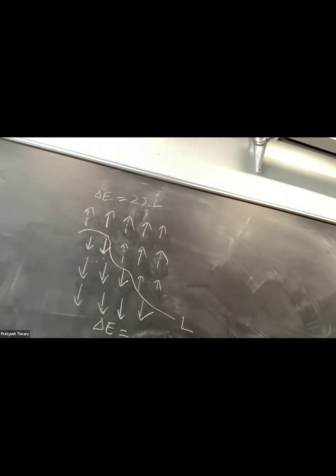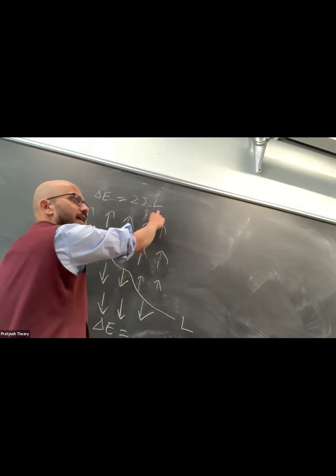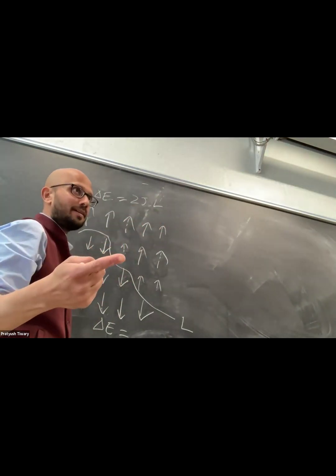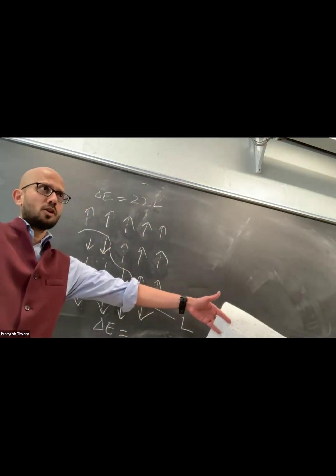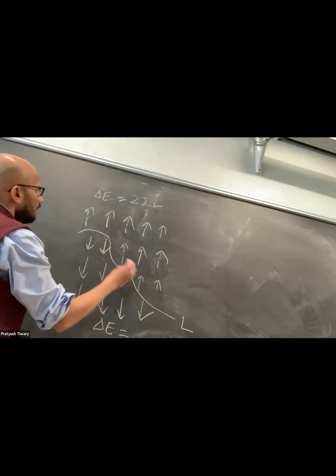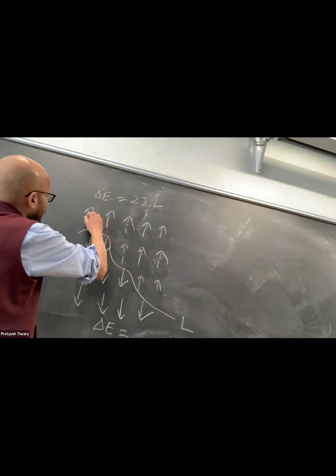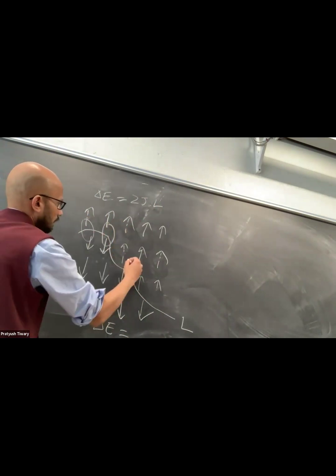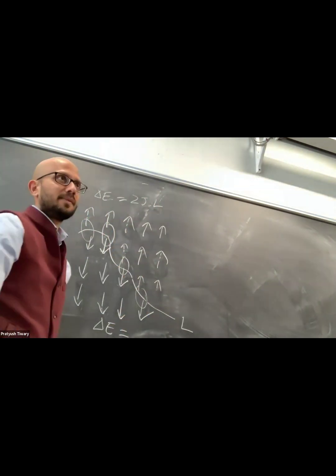We are doing a back of envelope calculation, okay? So think about it as the 1D case. In the 1D case, L was always 2, right? One edge and the other edge of the domain. That's why we got the answer 4J. In this case, let me define my L more carefully. L corresponds to the number of broken bonds.